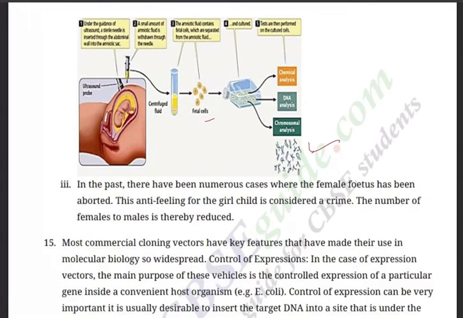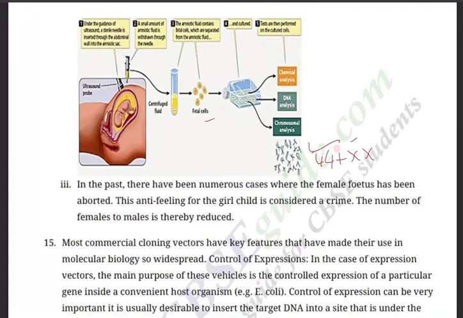So in the past, there have been numerous cases where the female fetus has been aborted. The moment parents find that along with the 44 autosomes, there is XX in the fetal cells, they understand that the fetus is going to be a female or girl child.